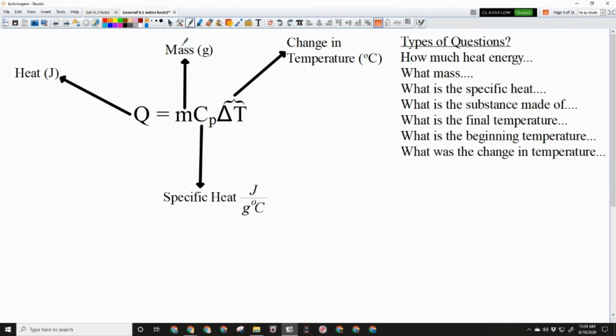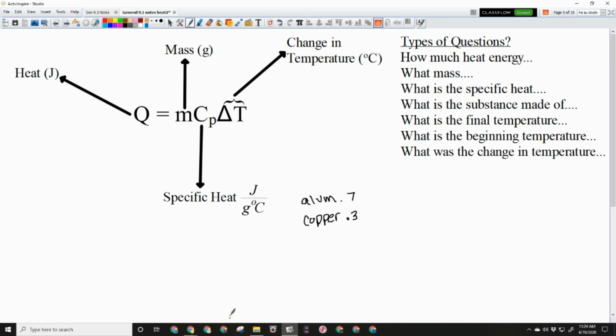M is mass, that's measured in grams. C sub P is specific heat, and that's going to be given to you. Every substance has its own specific heat. Say, for example, aluminum may have a specific heat of 0.7, and copper may have a specific heat of 0.3.